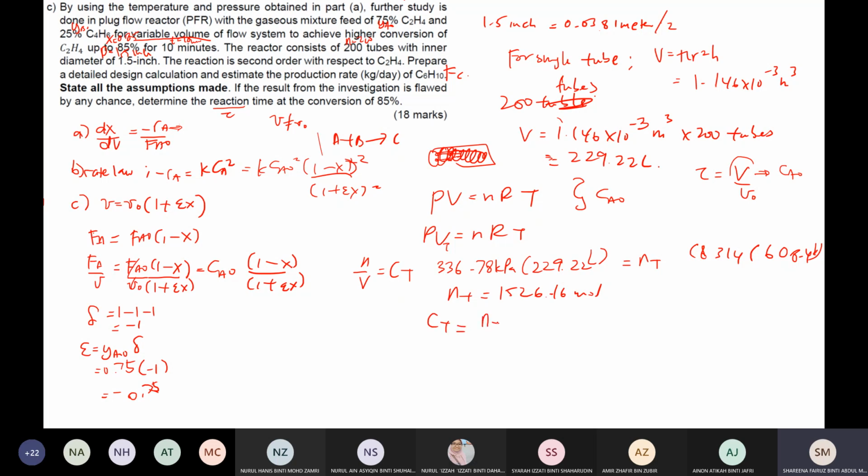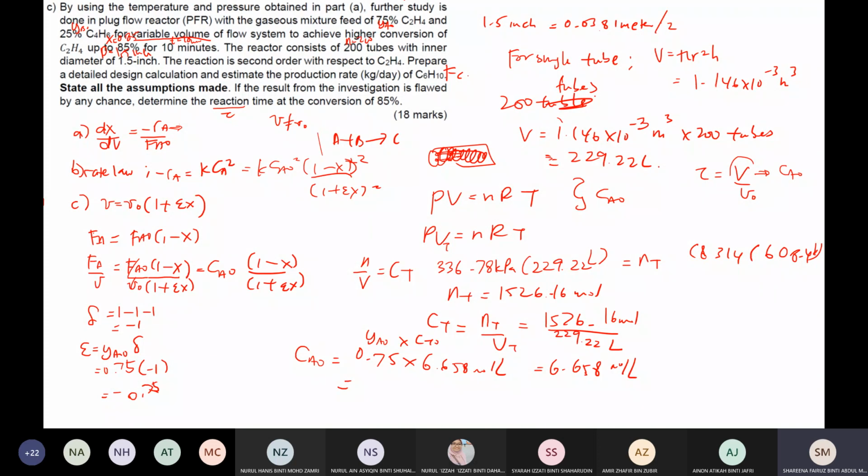CT is equal to NT over V. So we total NT 1526.16 mol over 229.22 liter. So jawapannya adalah around 6.658 mol per liter. So daripada situ you akan dapat CA0 lah. CA0 is equal to 0.75 times CT0, ni YA0 times with the CT0, you akan dapat lah CA0, 6.658 mol per liter. So you dapat lah what is CA0 here.